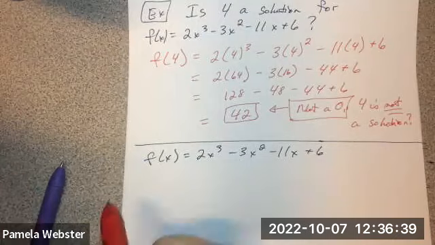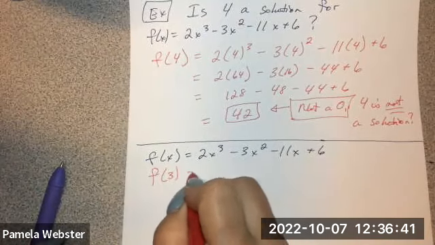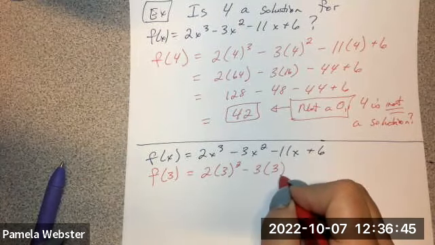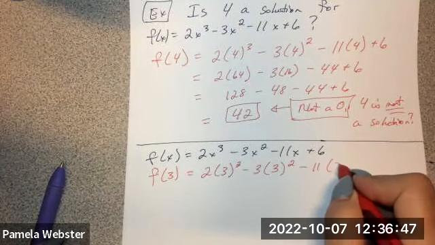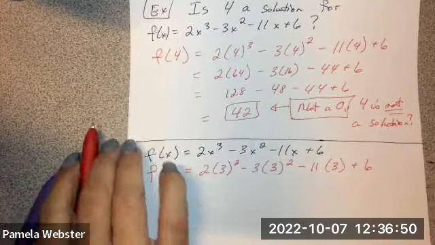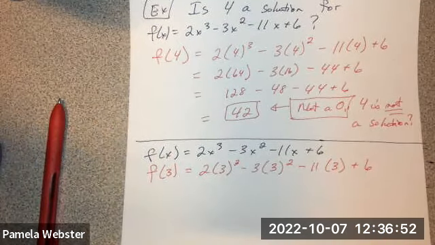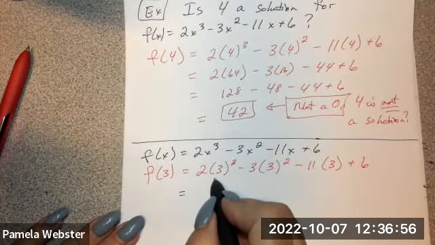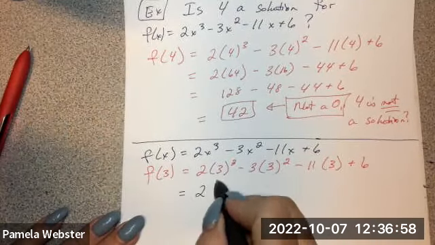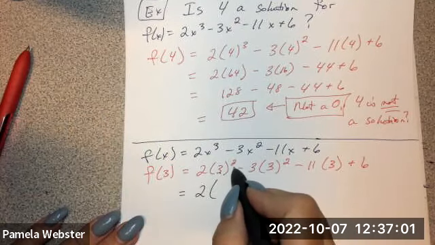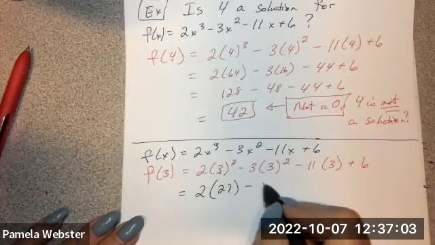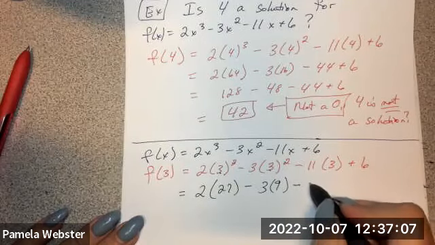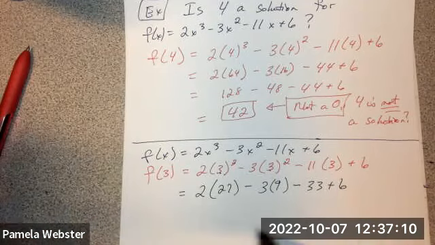So let me stick in f of 3. 2 times 3 cubed minus 3 times 3 squared minus 11 times 3 plus 6. So if we're right, we better get a what here? F of 3 better be equal to 0 when we're finished, right? So this is 2 times 3 squared is 9 times 3 is 27. 3 times 3 squared is 9, minus 33 plus 6.